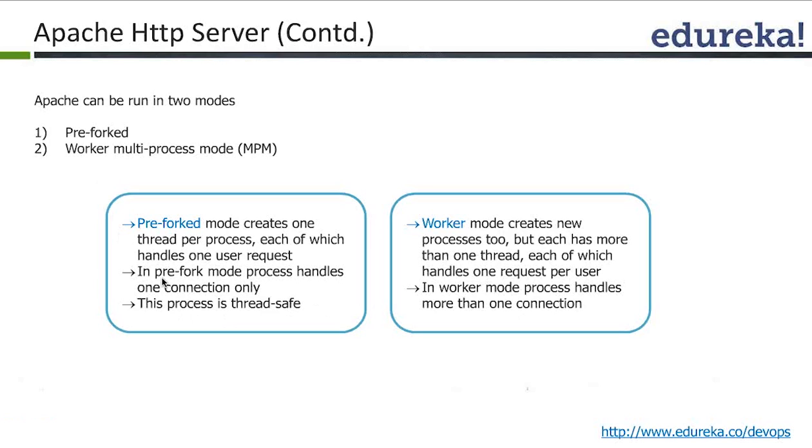They designed this architecture of worker mode processing, in which if I have 10,000 connections, I would not open 10,000 sockets. I will just open some 10-20 of them, and these 10-20 can handle 10,000 people. So that's the architectural difference.